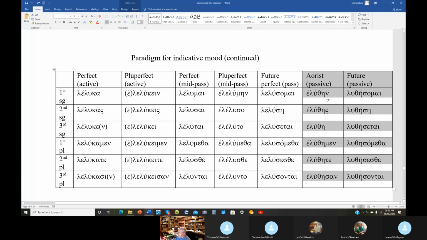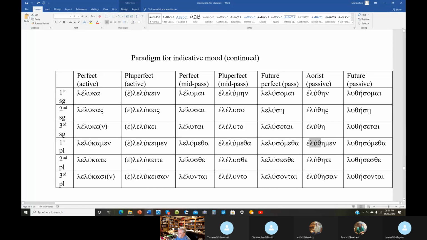Okay. So here's my stem. And you'll see right there, there's your stem. Augment for aorist makes it past tense. Augment, stem, ēn. Augment again, stem, ēs. Again, augment, stem, ē.